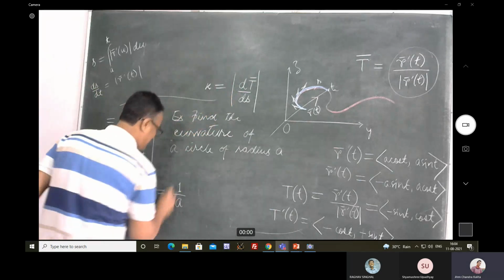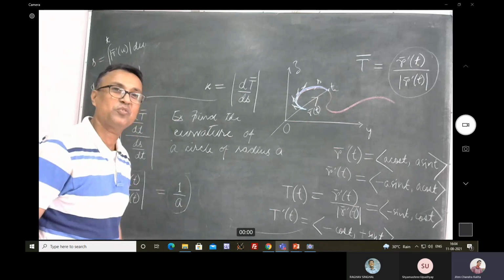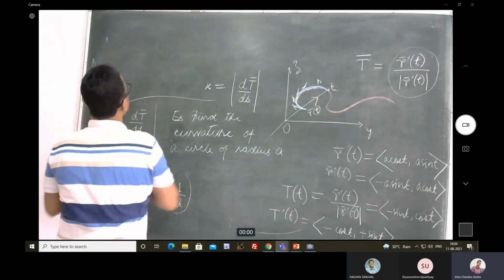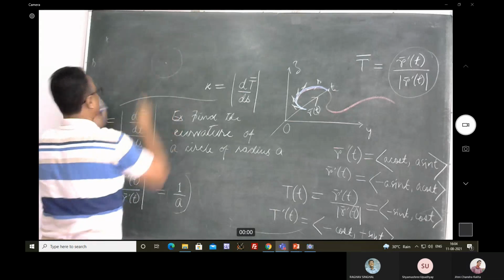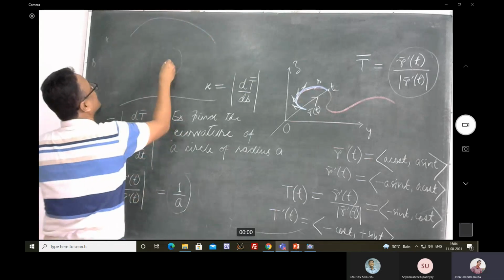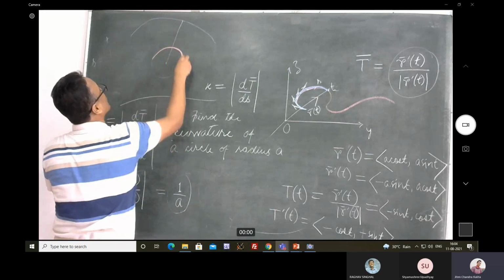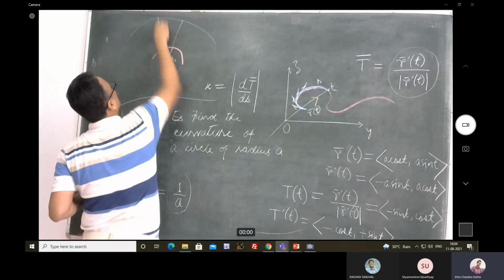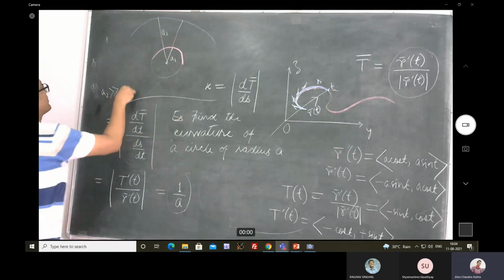Does it give you some idea about how much turn there is? Suppose you are on a circular road. Suppose I am drawing two circular roads. One has radius a1, and the other has radius a2, where a2 is much bigger than a1.